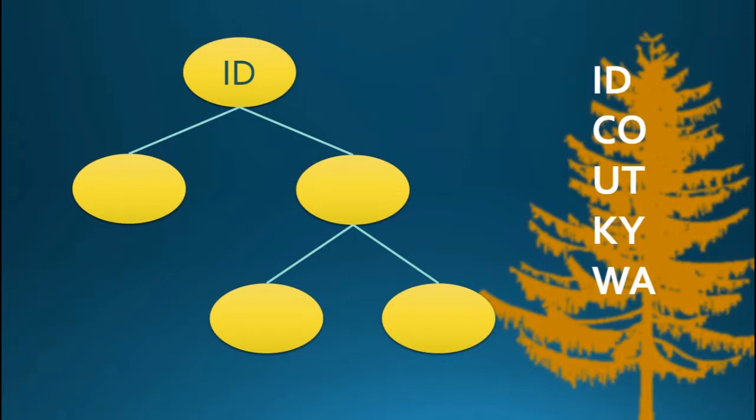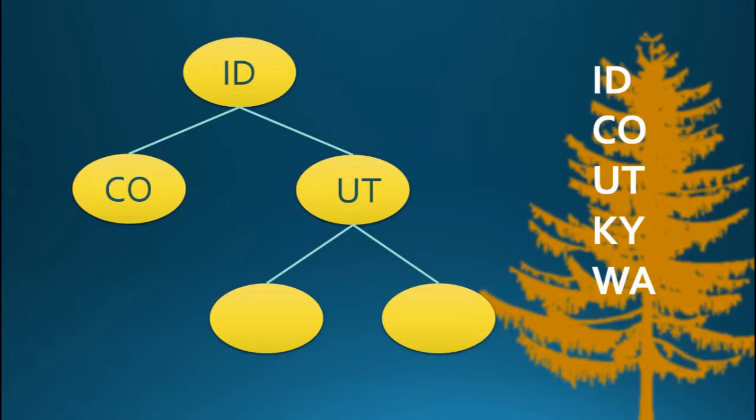And then we take and compare each of the succeeding elements against that data value. So we take Colorado. Colorado is less than Idaho, and so it goes down the left subtree. Utah is greater than Idaho, and so it goes off on the right-hand subtree.